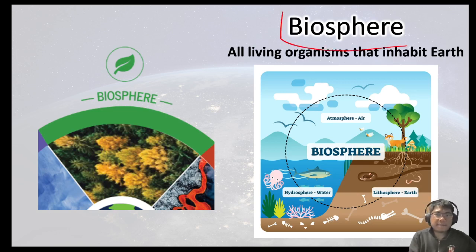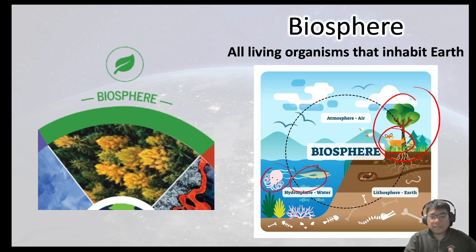The very last sphere of the Earth system is called the Biosphere, and I'm not going to talk much about this. All living organisms that inhabit Earth are part of the Biosphere: all the vegetation, the animals, as well as us humans. There are definitely lots of interactions between the Biosphere and the lithosphere and the atmosphere, as well as other elements in the Earth system.